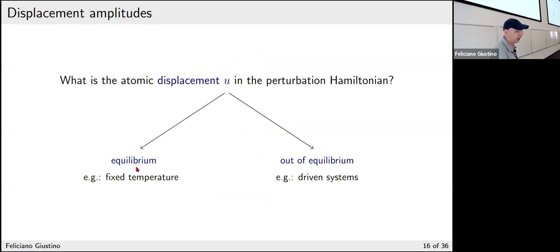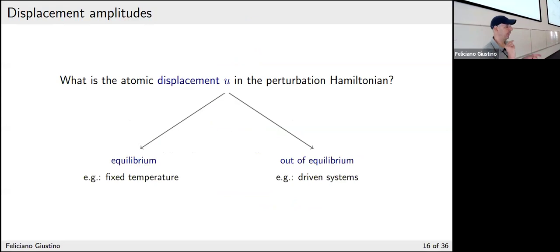One is that I look at equilibrium experiments. So you have a sample held at a given temperature. That basically means that we study displacements using a statistical, thermal ensemble. And the other option is that one studies out-of-equilibrium systems. For example, you're talking to experimentalists who are doing light-driven systems.